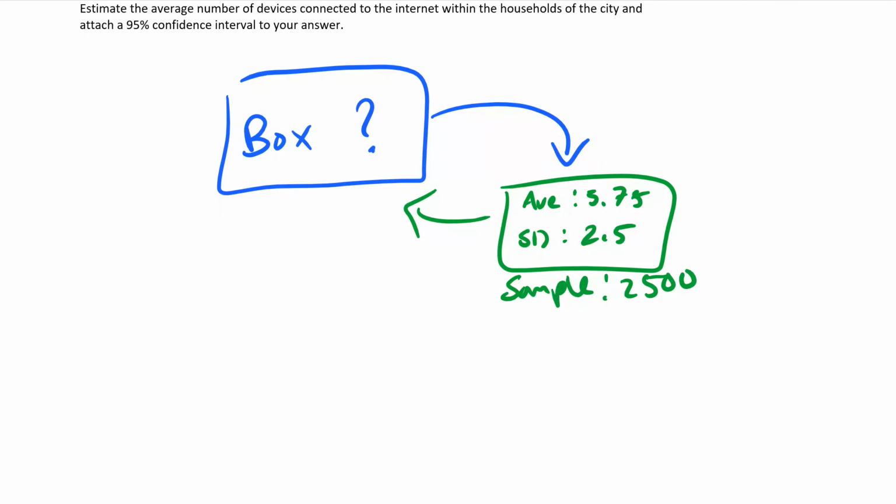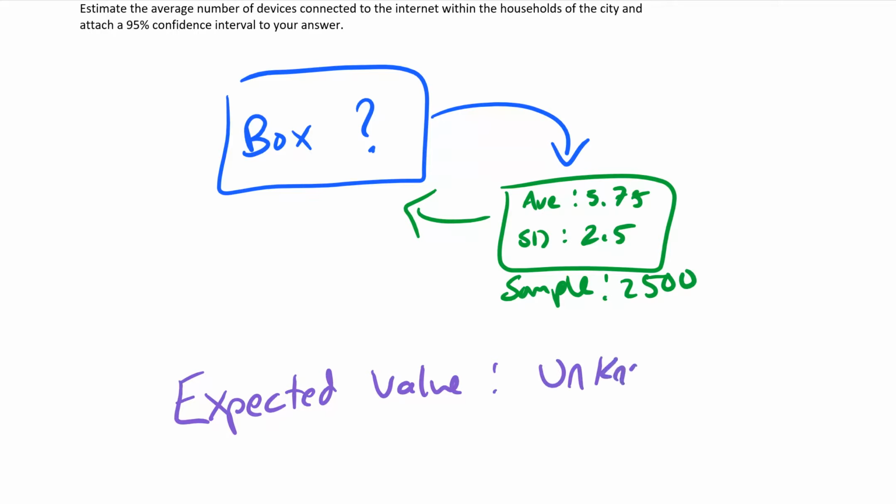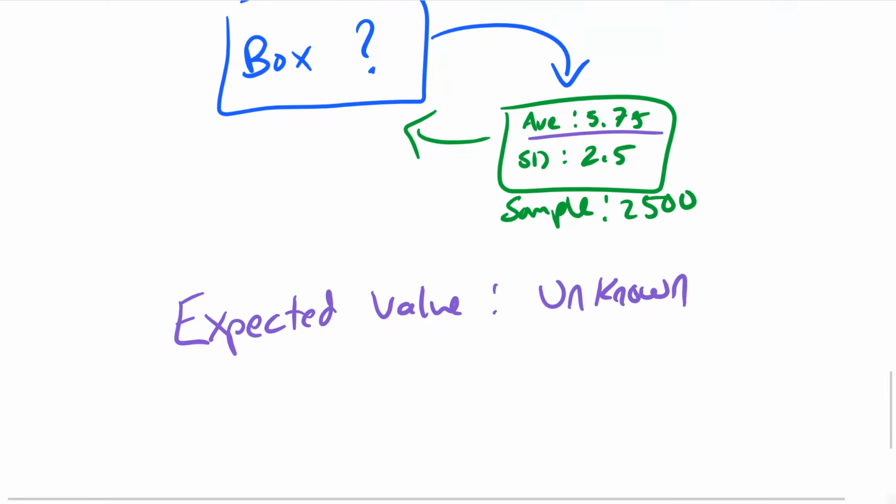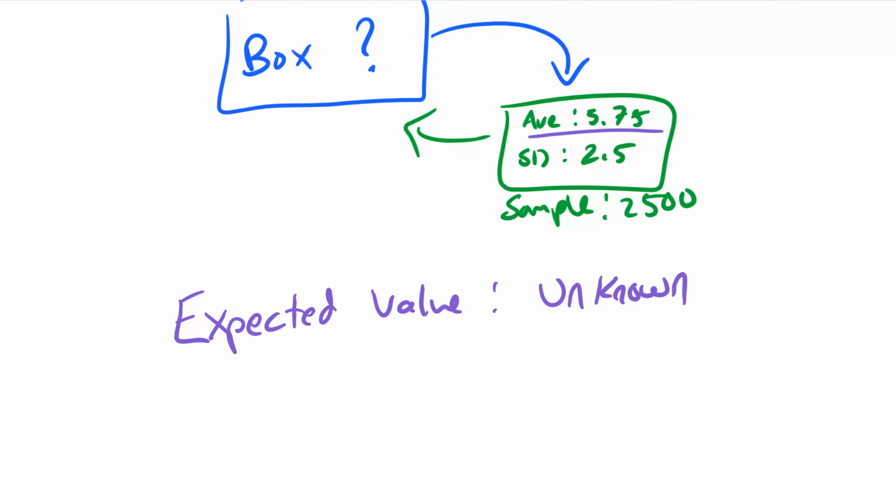So what's challenging here is that we don't know the box. We don't have an expected value. Instead, we'll use the average from the sample as an approximation. It will be the center of our estimated histogram. We still need to find the standard error.